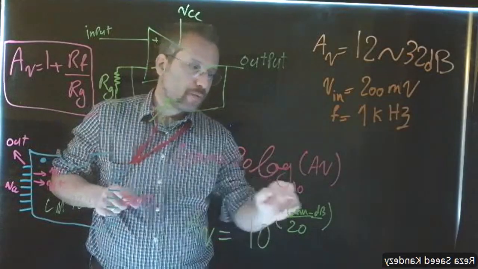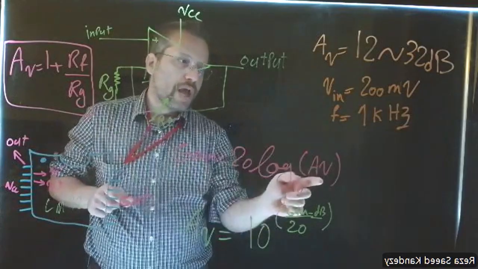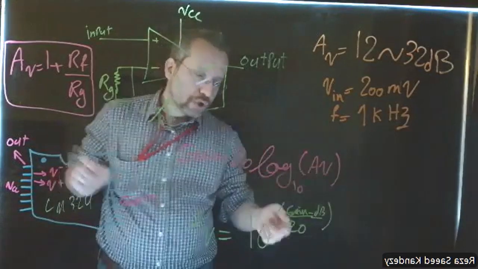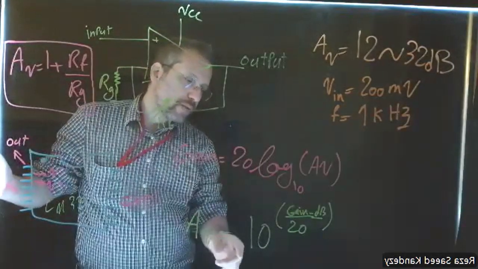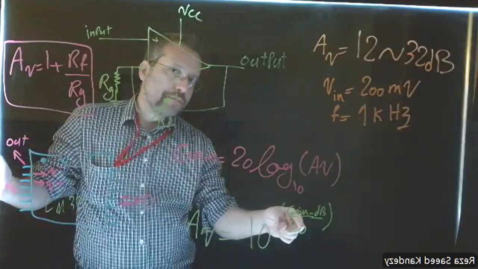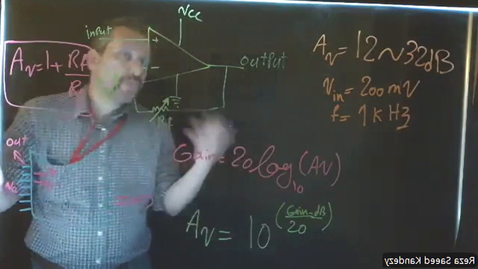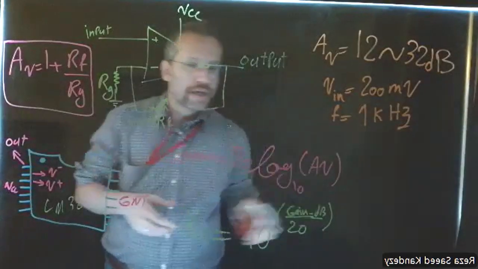So this is the formula to calculate the decibel gain from the AV, the voltage gain that we have. Now, the reverse is that AV, the voltage gain, is 10 to the power of that decibel divided by 20.